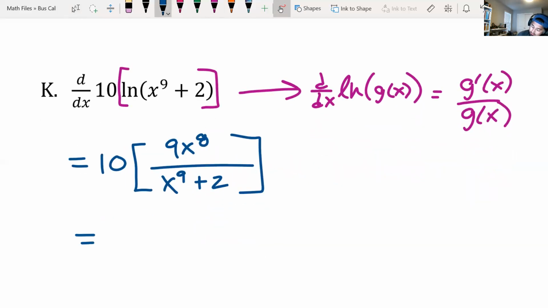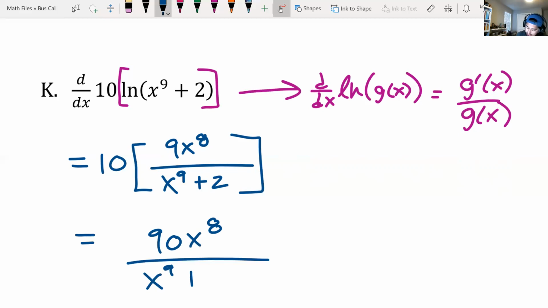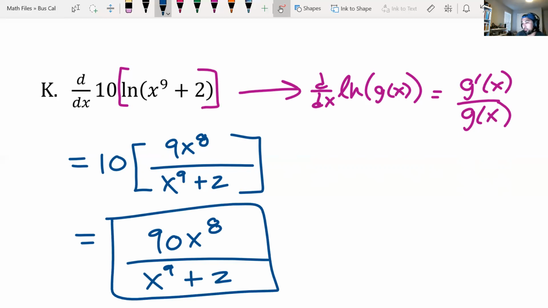Multiply that 10 by the 9x to the 8th, and you'll get 90x to the 8th over x to the 9 plus 2. Done. So all you did was multiply the 9 by the 10, and that gave you 90x to the 8th power. Okay, got you. That's it.